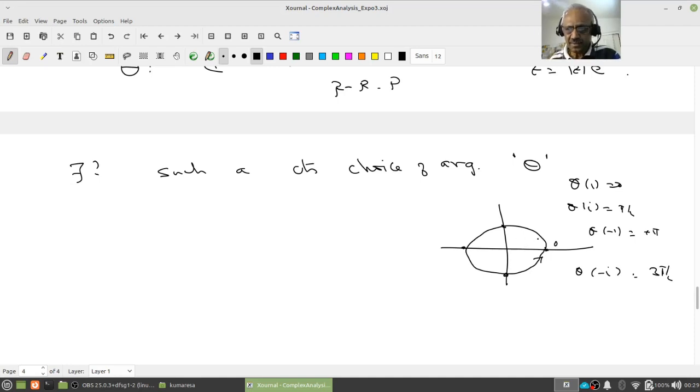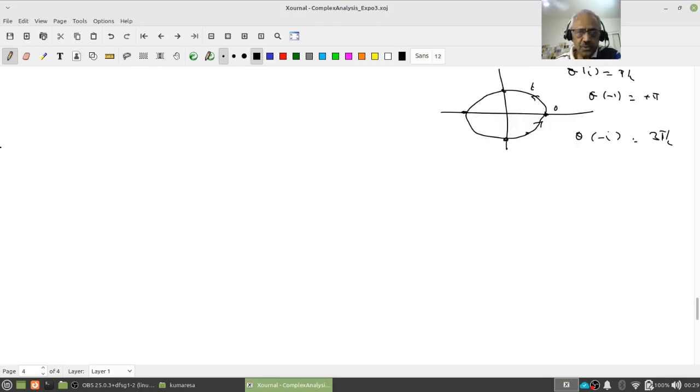This is 0, go along with the t, and this t becomes this, and pi, 3 pi by 2, and it keeps increasing until I come to 2 pi. This is the intuitive hand waving argument that textbooks and teachers usually give. Therefore intuitively we think there is no continuous choice of argument, but can one prove it rigorously? Very rarely is it done, but in my book I give 2 proofs.